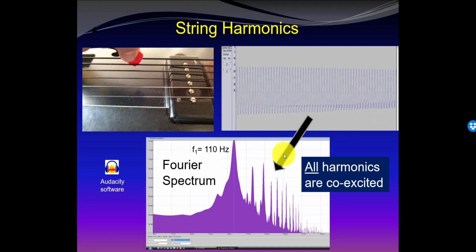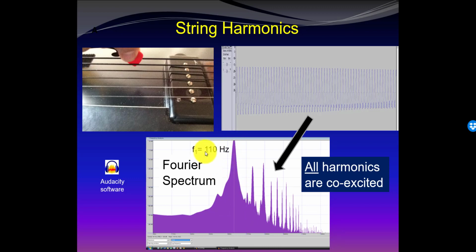If we take the Fourier spectrum, the Fourier transform, using a program called Audacity that I highly recommend to you if you want to analyze audio signals, then you will find an amplitude plot on the y-axis and a frequency plot on the x-axis, and it shows you where the peaks are and at what frequency.